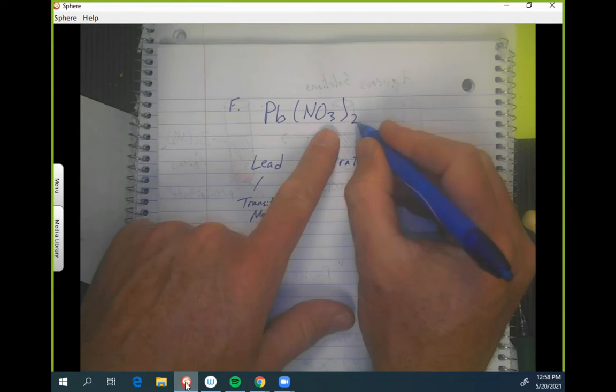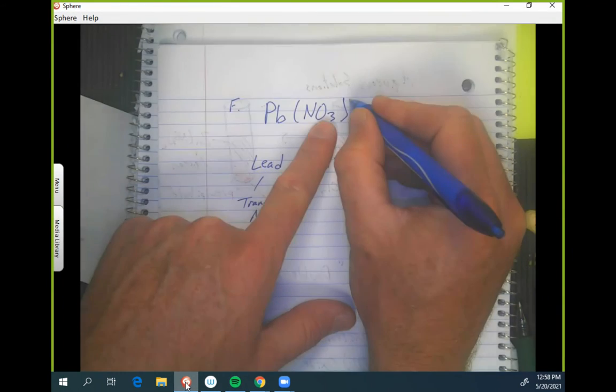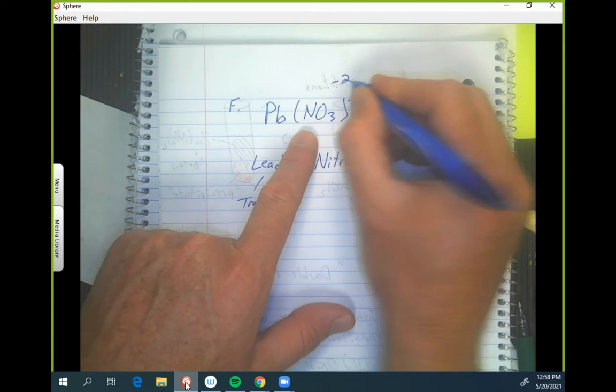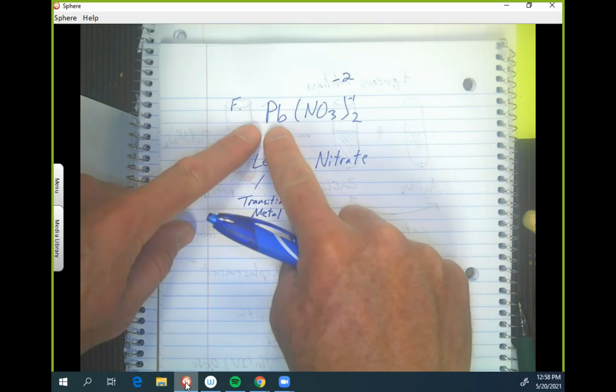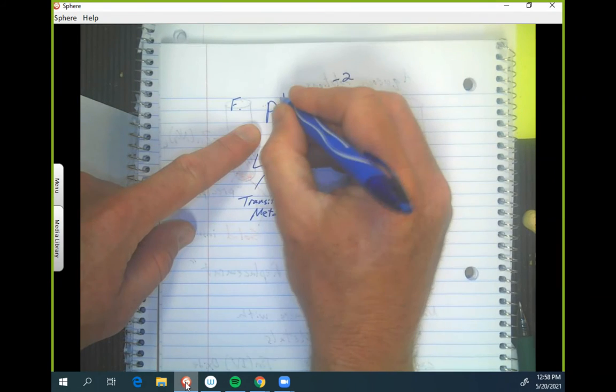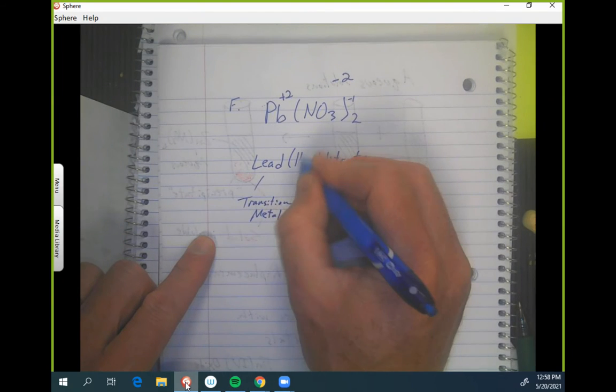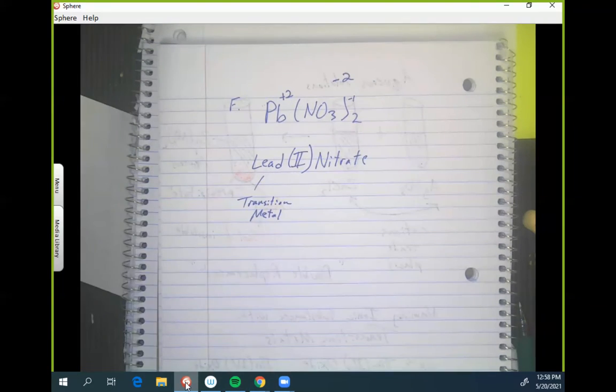So 2, and each one of these is the -1. That means my overall charge on my nitrate is a -2. That means my lead has got to be a +2. Well, that means I have lead 2 nitrate. So that should be correct.